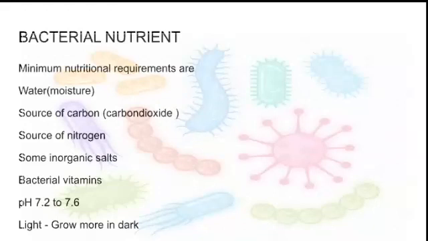A source of carbon or carbon dioxide is necessary for the bacteria. Source of nitrogen, some inorganic salts, very minimal bacterial vitamins, and the pH for the bacteria to grow is 7.2 to 7.6. In this pH range, most of the bacteria will grow faster.